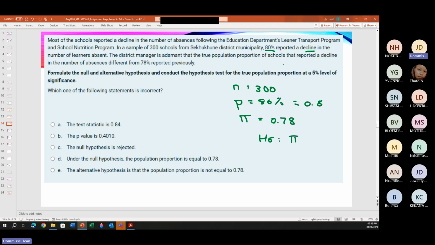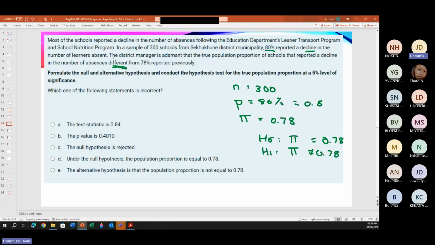Adamant that the true population proportion of schools that reported a decline in the number is different. Okay, so not bigger, not smaller, it's just not the same, it is different. So the alternative hypothesis is saying that it is not equal to the population proportion, thus we are working with this null hypothesis as it is equal to.